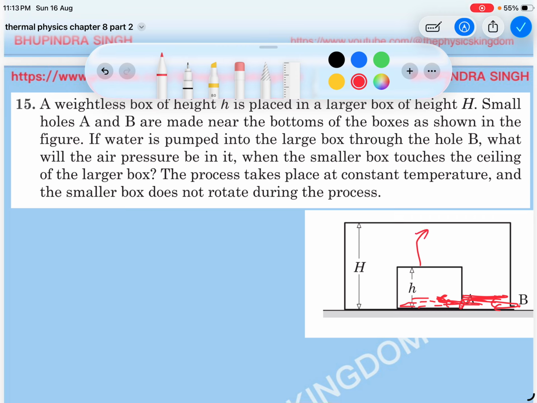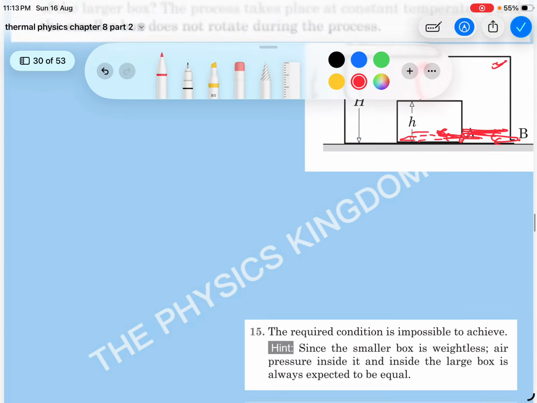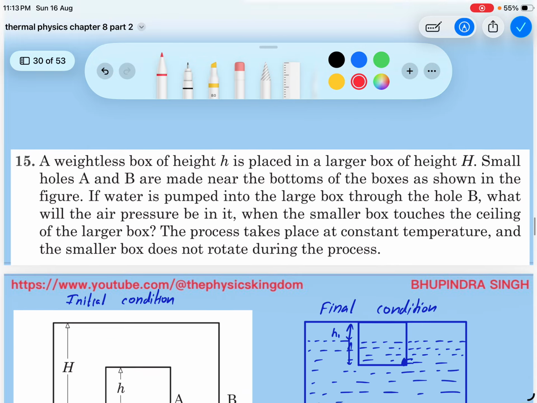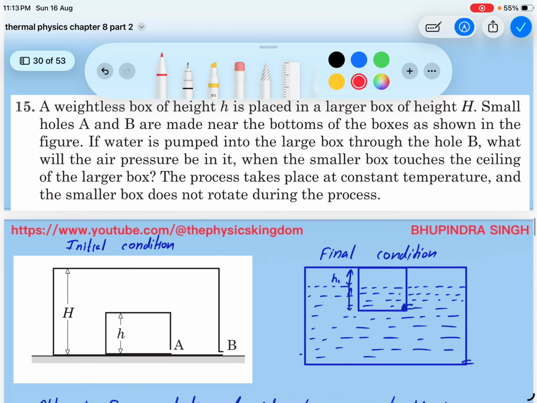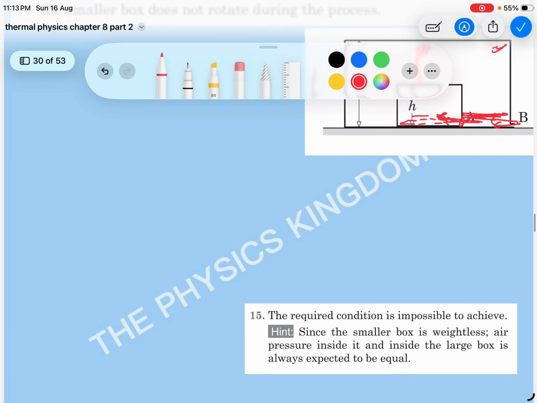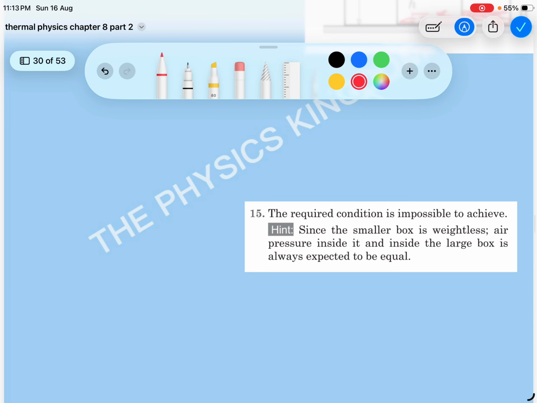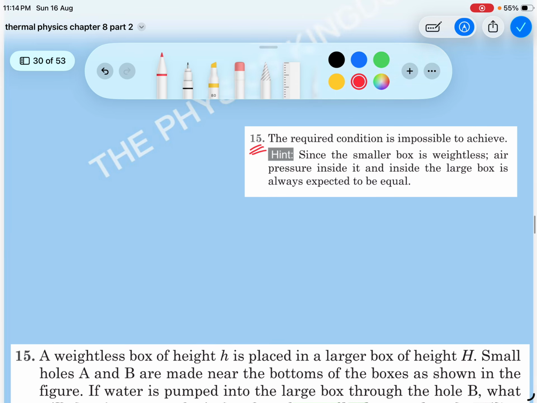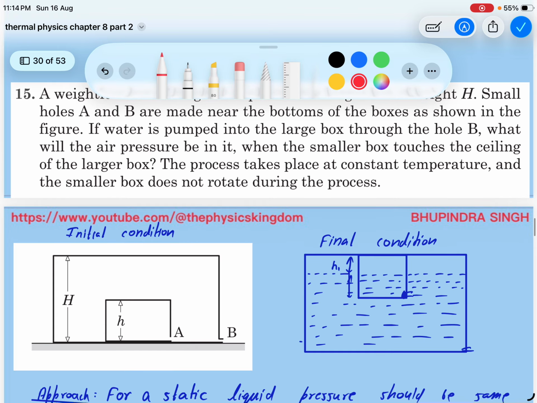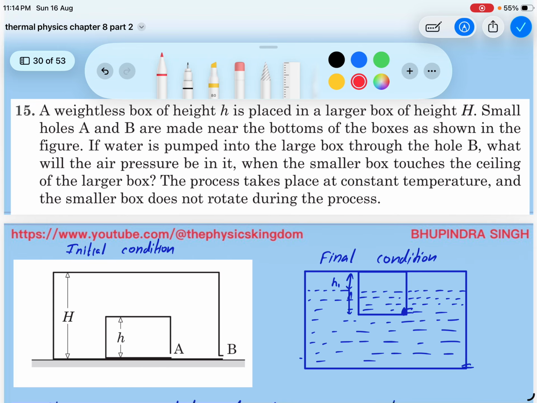And at the top, when it is going and liquid is filling inside it, we have to see what the final pressure in the outer box is. So here we need the pressure. So according to me the question is proper only, no problem, and I'm getting a particular answer. In the answer they are saying the required condition is impossible, but according to me yes it is possible.